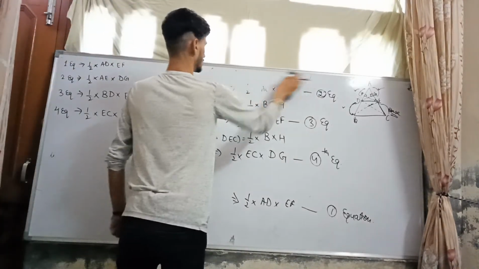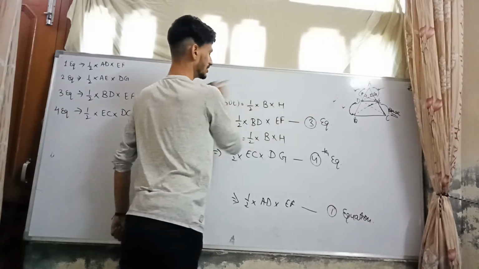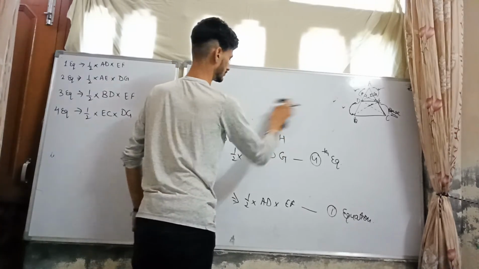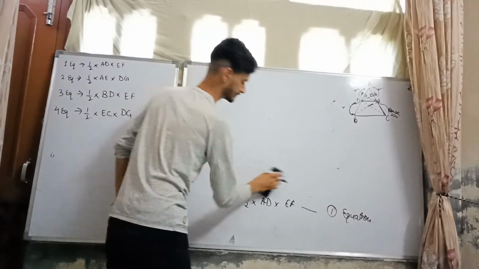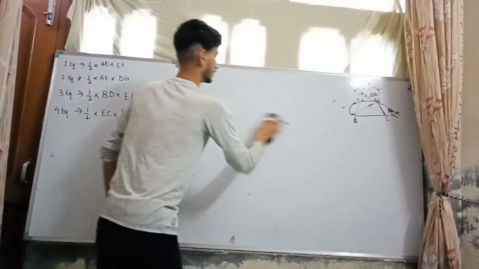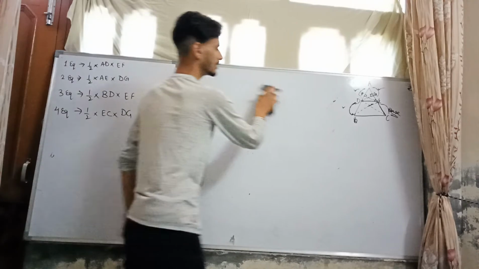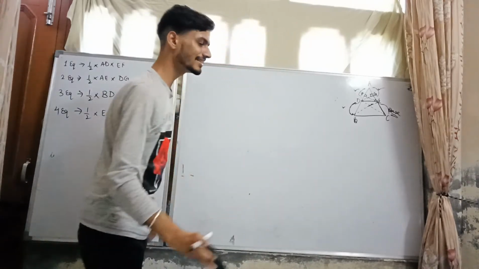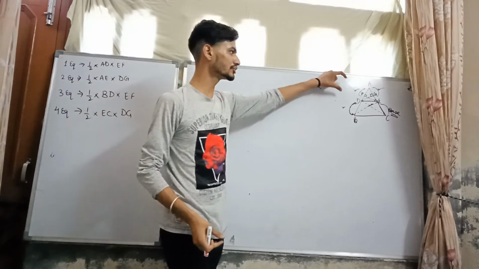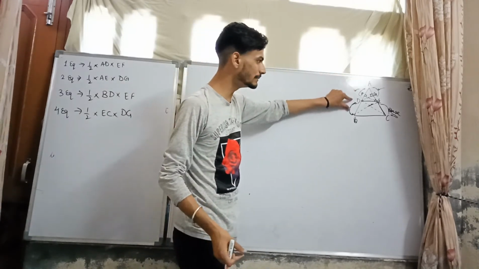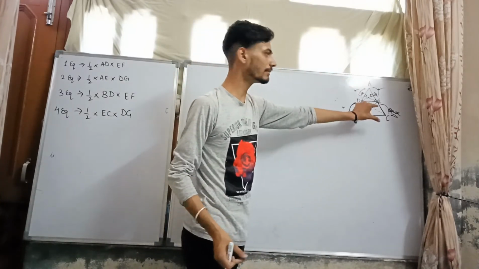After writing all the equations, our further step is to arrange them in such a way that we can get the required proportion, which is AD upon DB and AE upon EC.